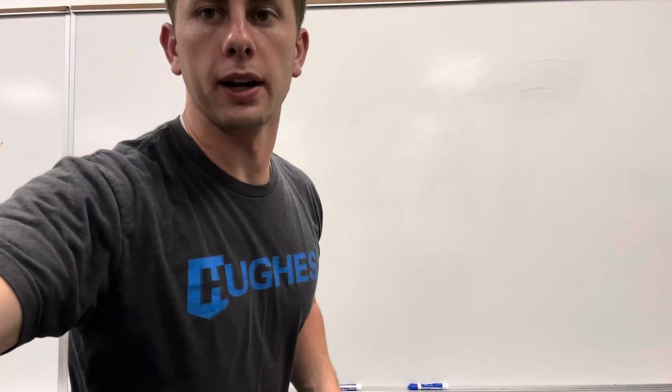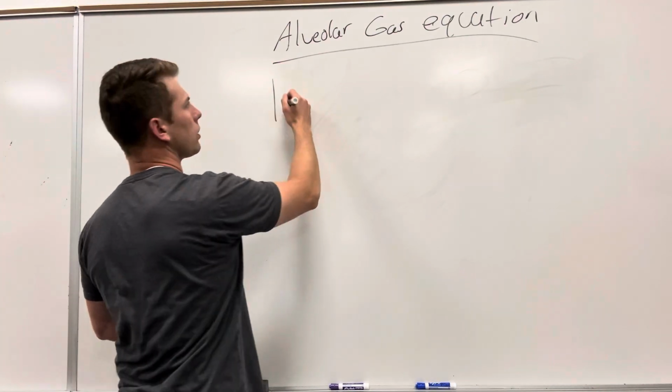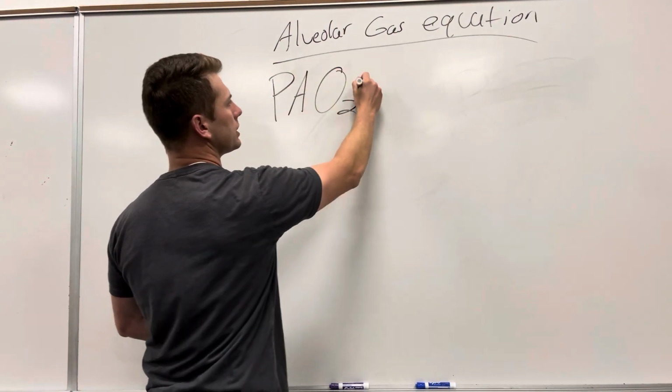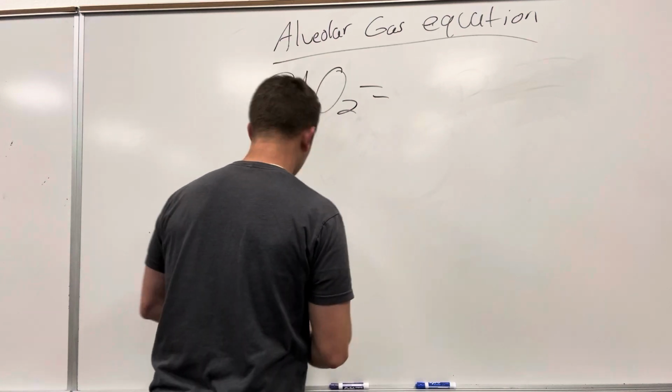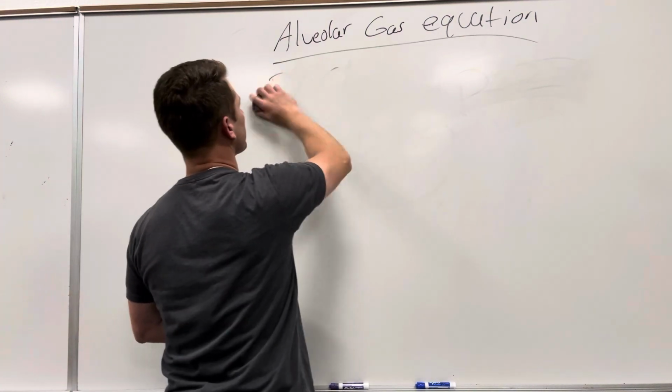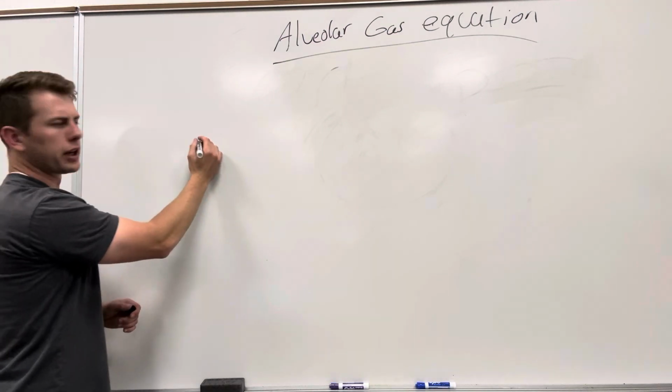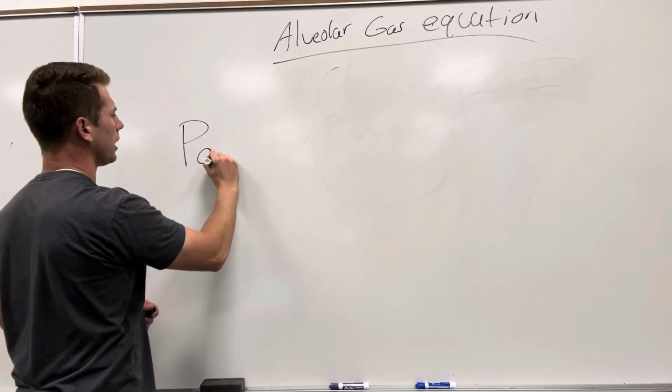I'll pause it while I write it out. So the alveolar gas equation is PAO2 is equal to, should probably write it a little smaller because it's a big equation. We'll start here. Yeah, you can see that.